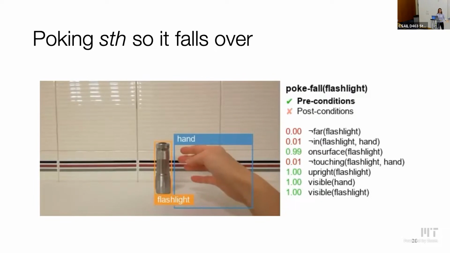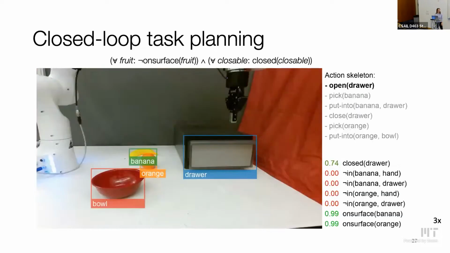Okay, so now how do we use this on a robot? Here's how we can use these predicate classifiers to do closed loop task planning on a real robot. So we take these 20 billion something something trained predicate classifiers directly to this robot environment.